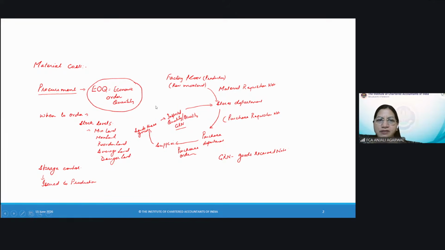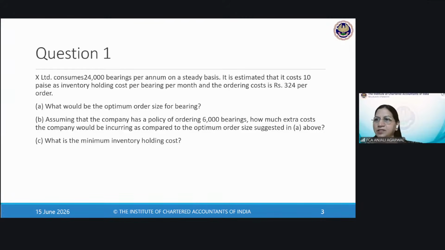Look at a question here, and from there we will try to understand what we mean by EOQ. So let's say XYZ Limited is a company and it consumes 24,000 bearings per annum on a steady basis. So the consumption of raw material, or bearings, is 24,000 bearings every year.